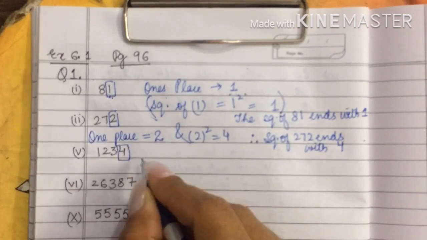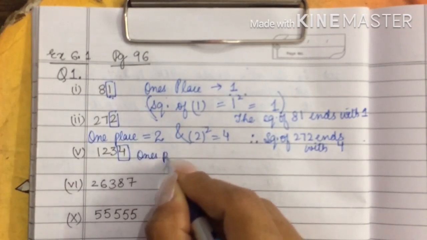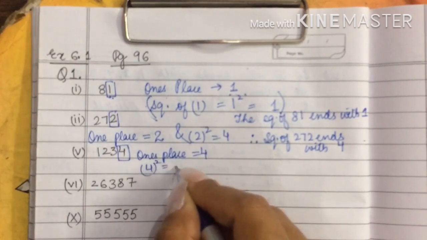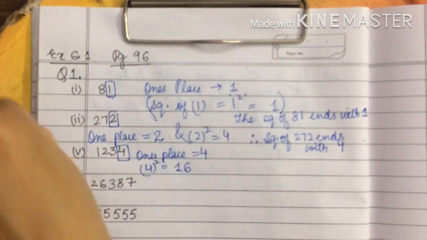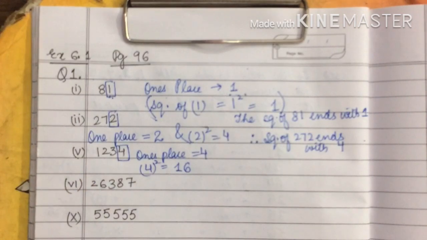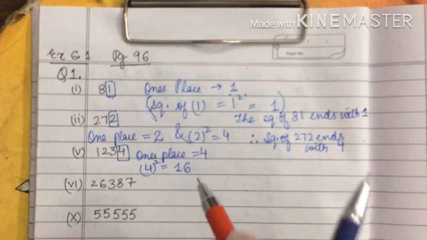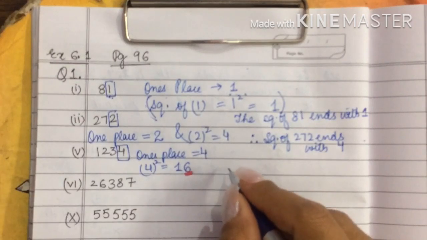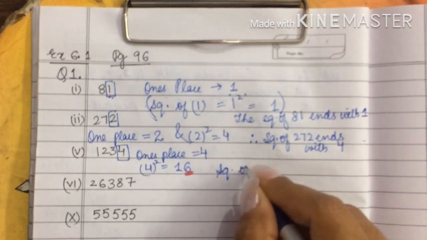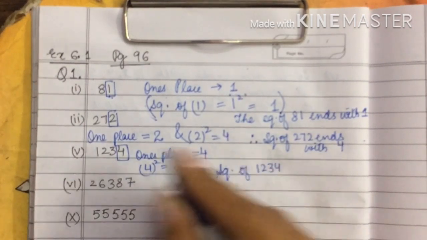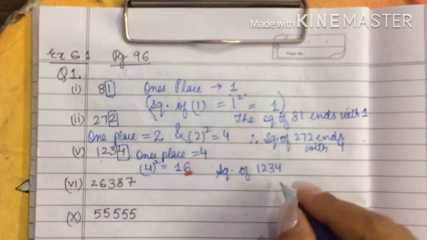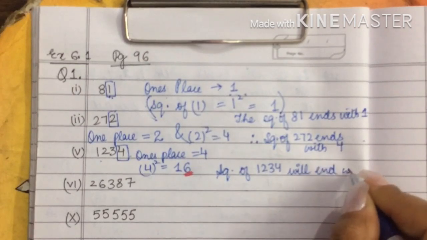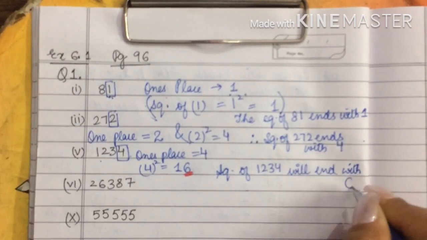Looking at this, the ones place is 4. 4 square is 16. So what can you say here? Square of 1234 will end with 6.